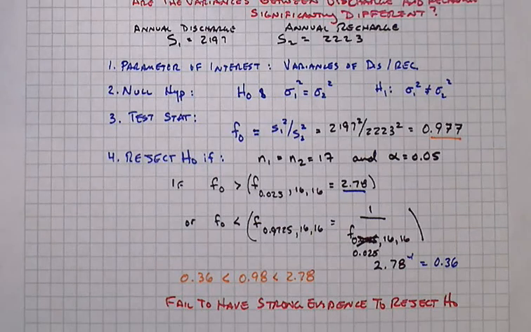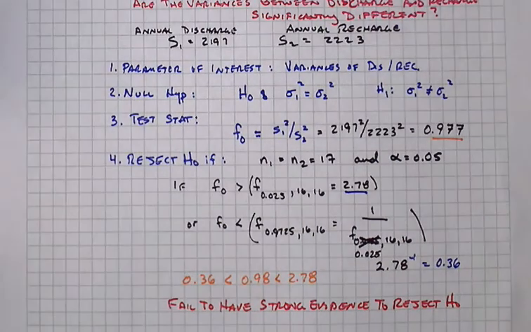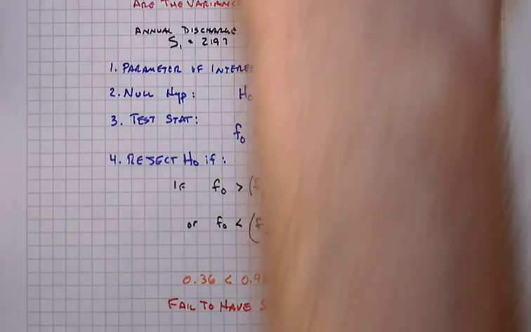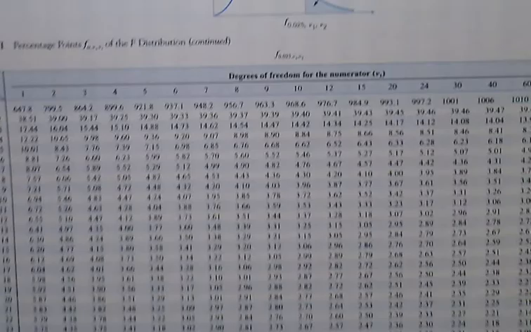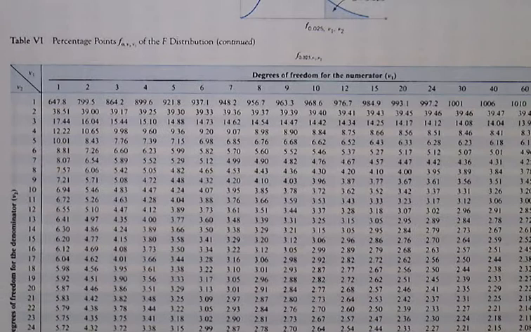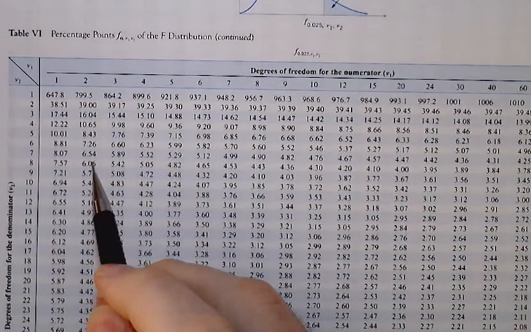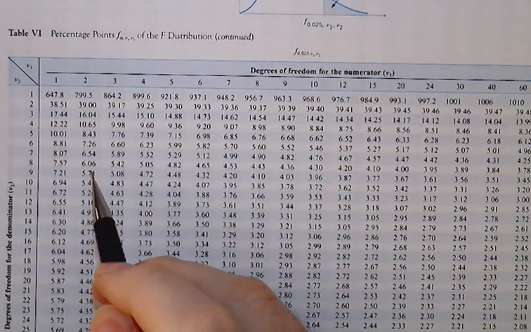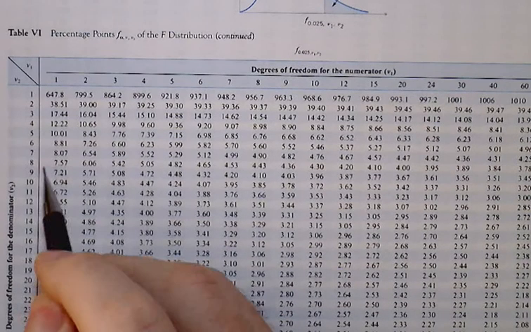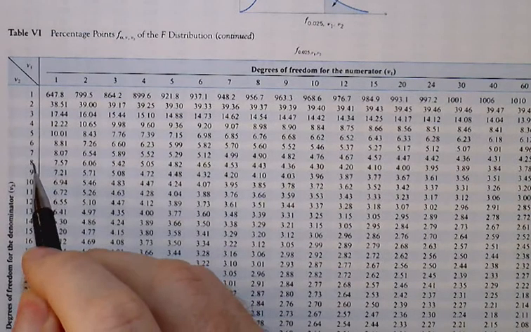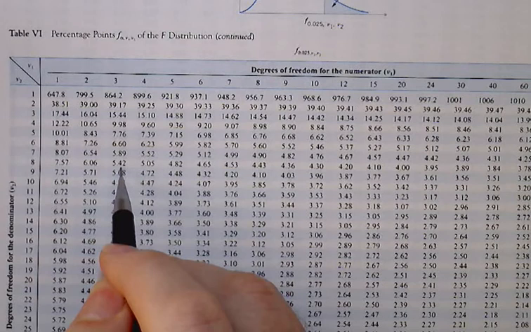Okay, now let's go back to the tables and illustrate one of these crucial concepts, and that is how important it is to keep track of the numerator and denominator. We'll take 3 and 8. Here's an 8 and there's a 3, 5.42. If this were symmetric, 8 and 3, 3 and 8 should be the same thing, right?